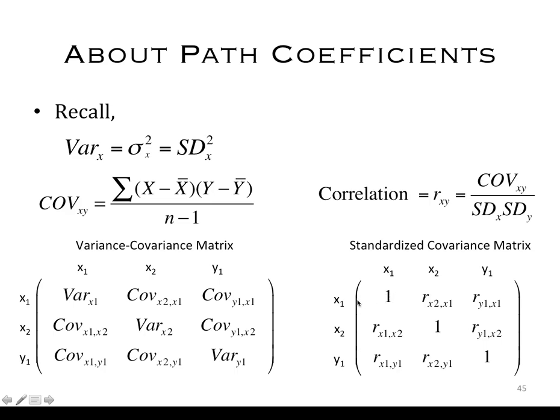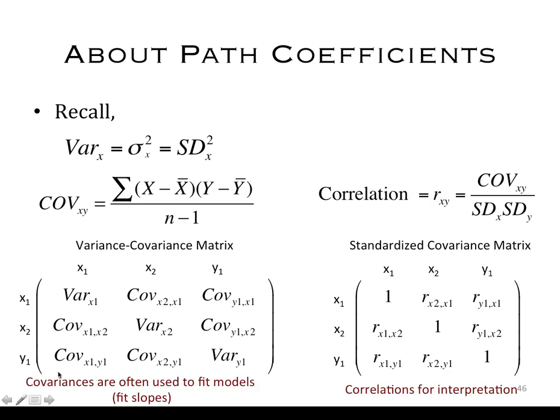Here, the correlation between x1 and x1 is 1, perfect correlation. And then here you've got the correlation between x1 and x2, between y1 and x1. In this case, we've got the covariance, and we are dividing it by the standard deviation to standardize the covariance. Standardize just means make the value between 0 and 1.